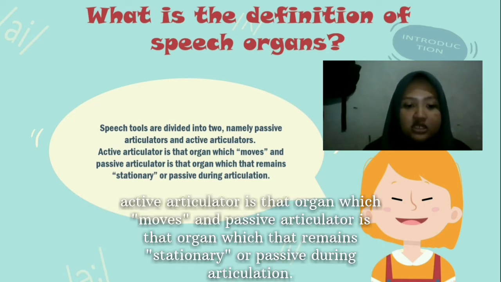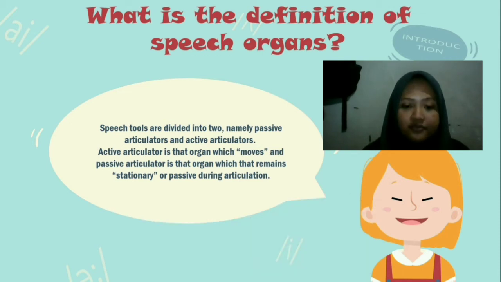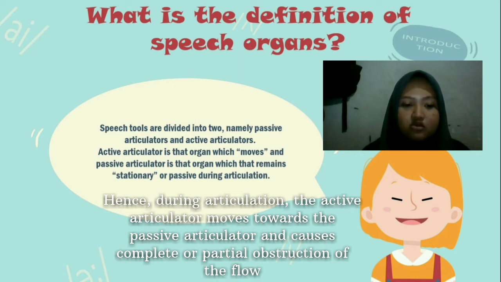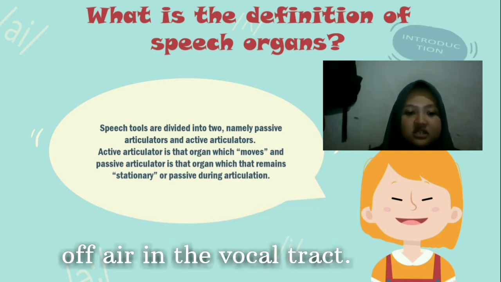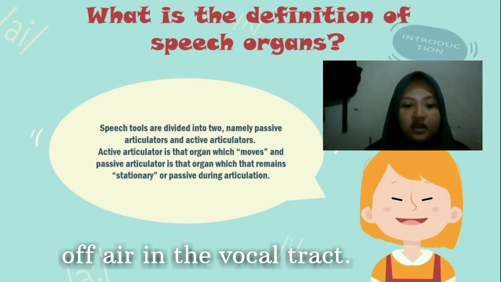Active articulator is that organ which moves, and passive articulator is that organ which remains stationary or passive during articulation. Hence, during articulation, the active articulator moves toward the passive articulator and causes complete or partial obstruction of the flow of air in the vocal tract.